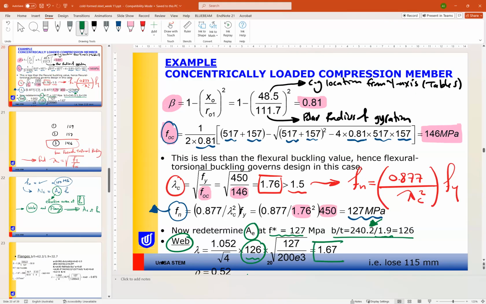So lambda in this case is 1.67, sorry. And this means that rho is 0.52. Okay, and this means that b effective in this case will be rho times b.